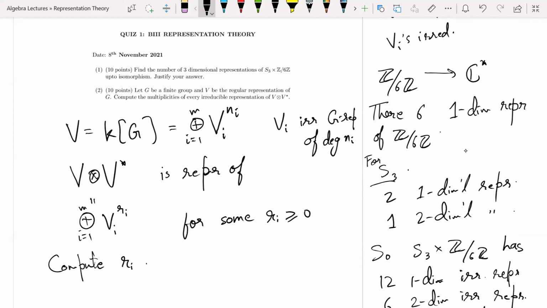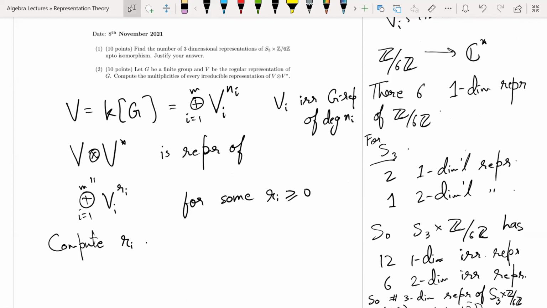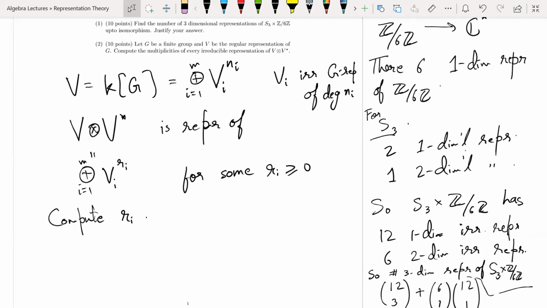Right, so we know how. If you remember how we computed these in the regular representation, we used characters. So that is what you have to do here as well.